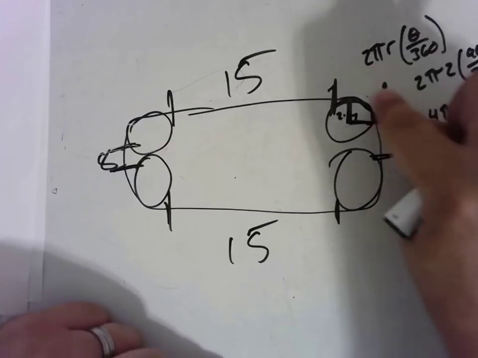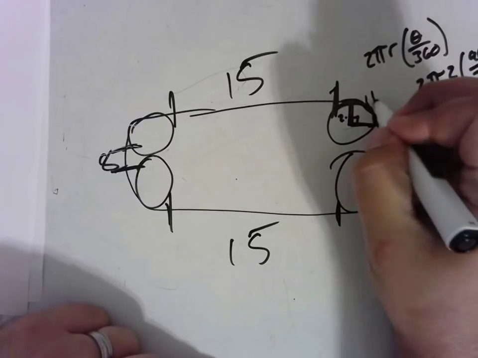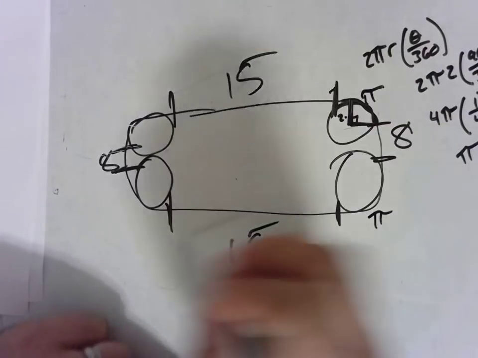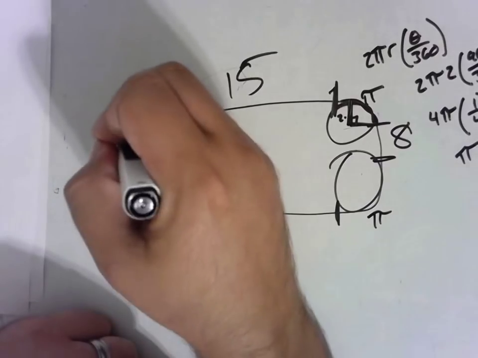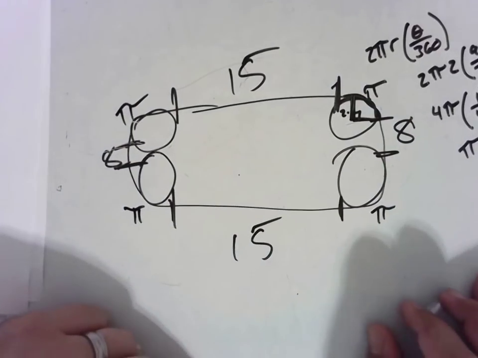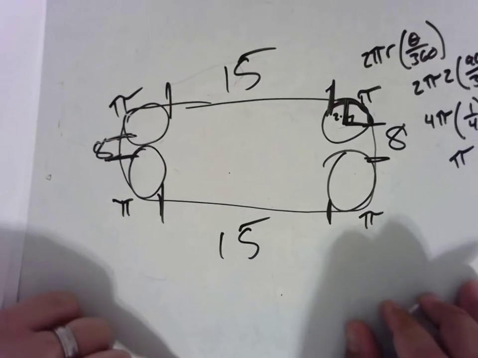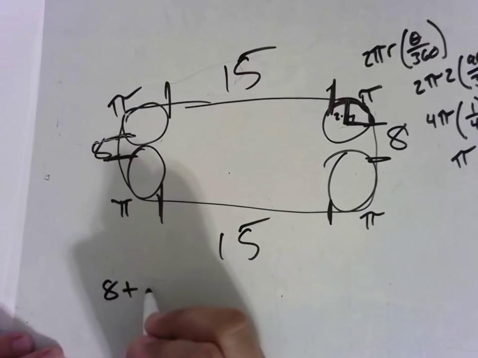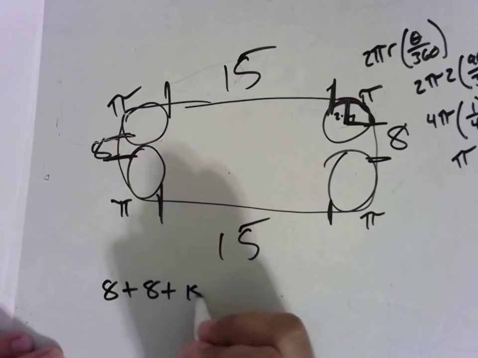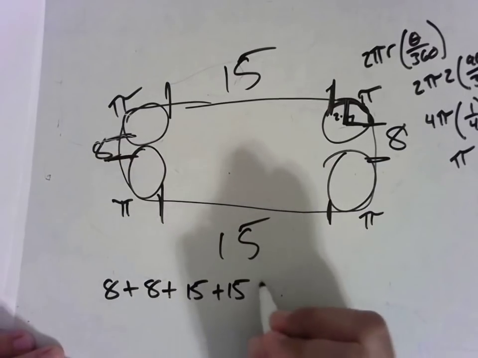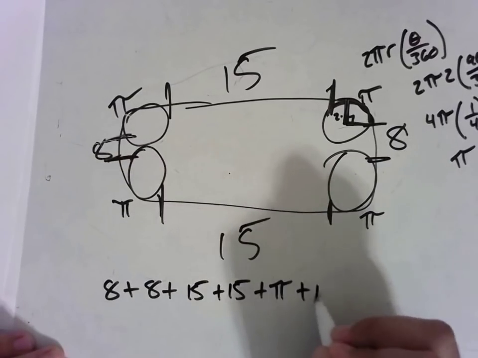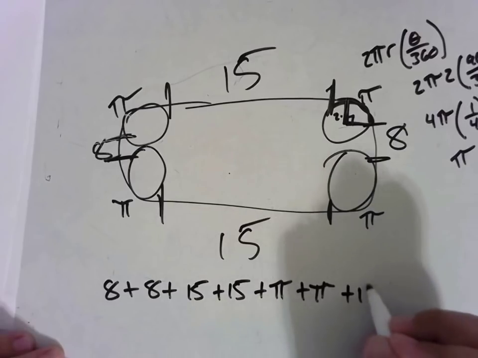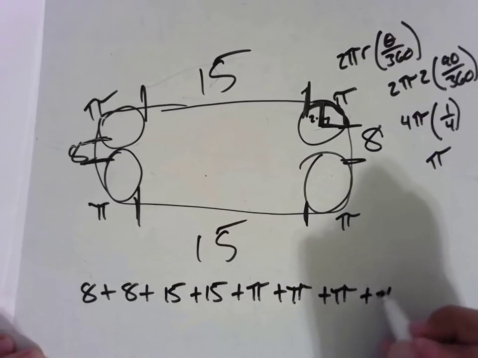So this arc length is pi, this arc length is pi, this arc length is pi, this arc length is pi. So to find the perimeter, you just add them all up. You have 8 plus 8 plus 15 plus 15 plus pi plus pi plus pi plus pi.